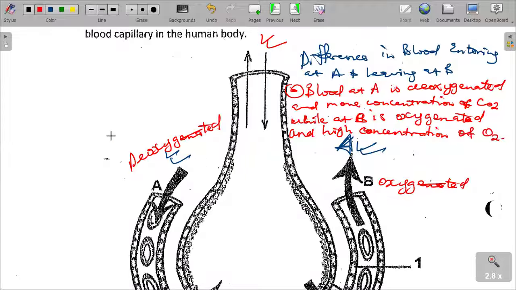Deoxygenated, and we said again, more what? More carbon dioxide. And then oxygenated, with more oxygen than carbon dioxide.